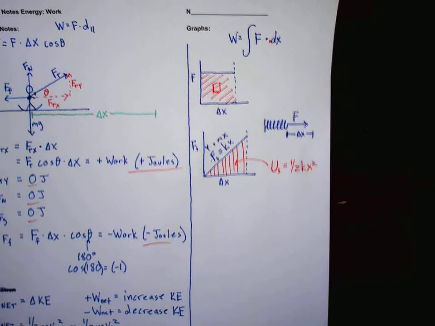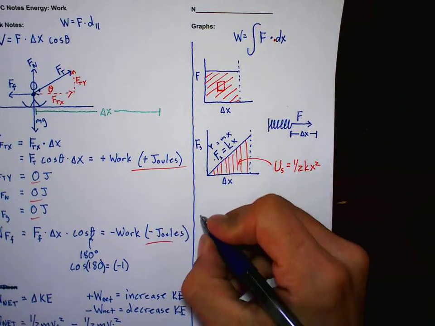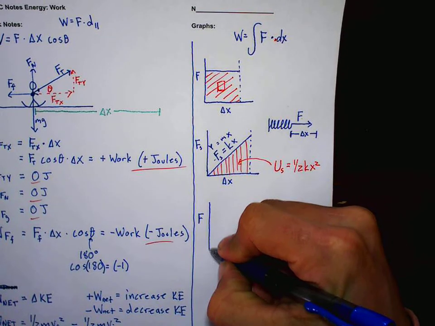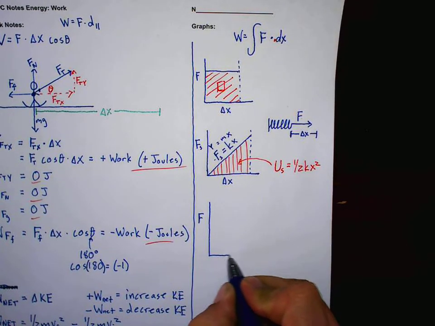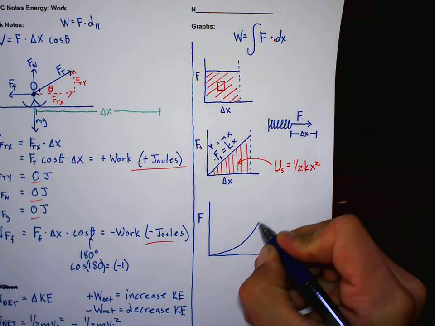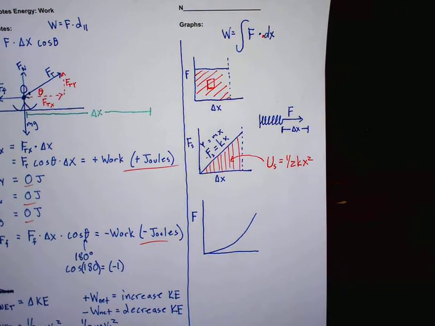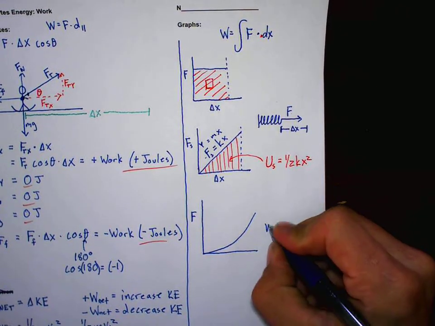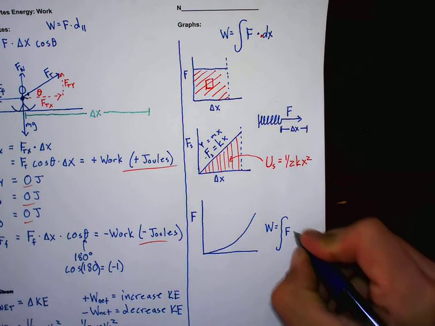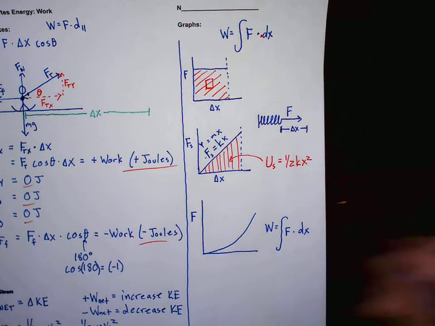All right, now where it gets a little bit more interesting here is if we have a force that is not changing in a linear fashion. Okay, let's say we have a force that's changing exponentially. Here's where we really need our calculus. Okay, the work done by that force is the integral of the force with respect to the displacement.